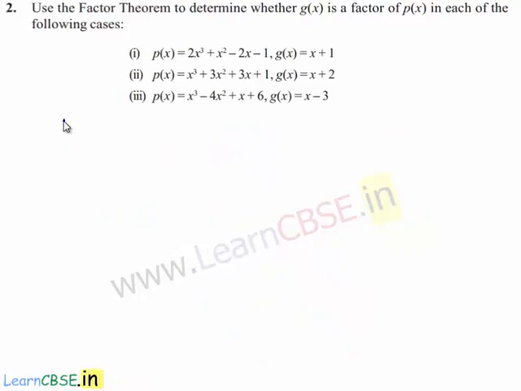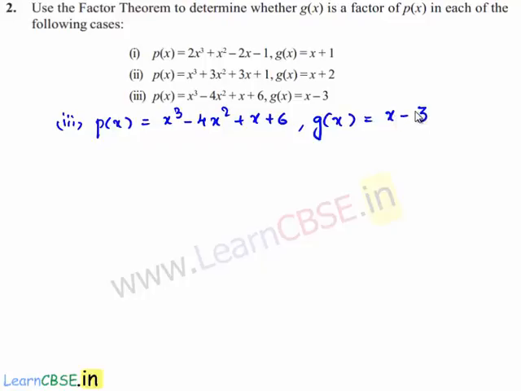Coming to the third one, which is p of x is equal to x cube minus 4x square plus x plus 6, and g of x is equal to x minus 3. First find the 0 of the polynomial by equating g of x to 0.